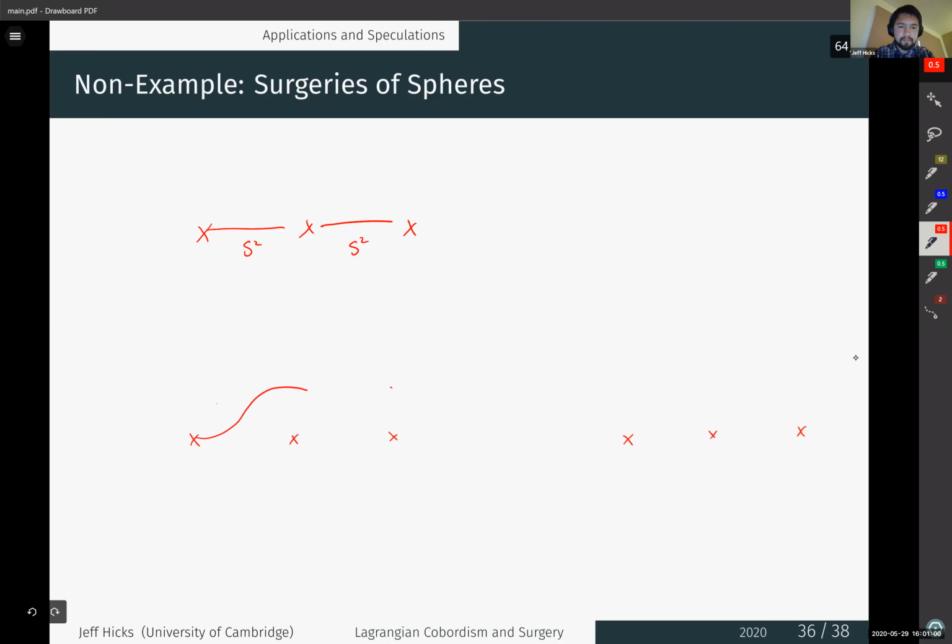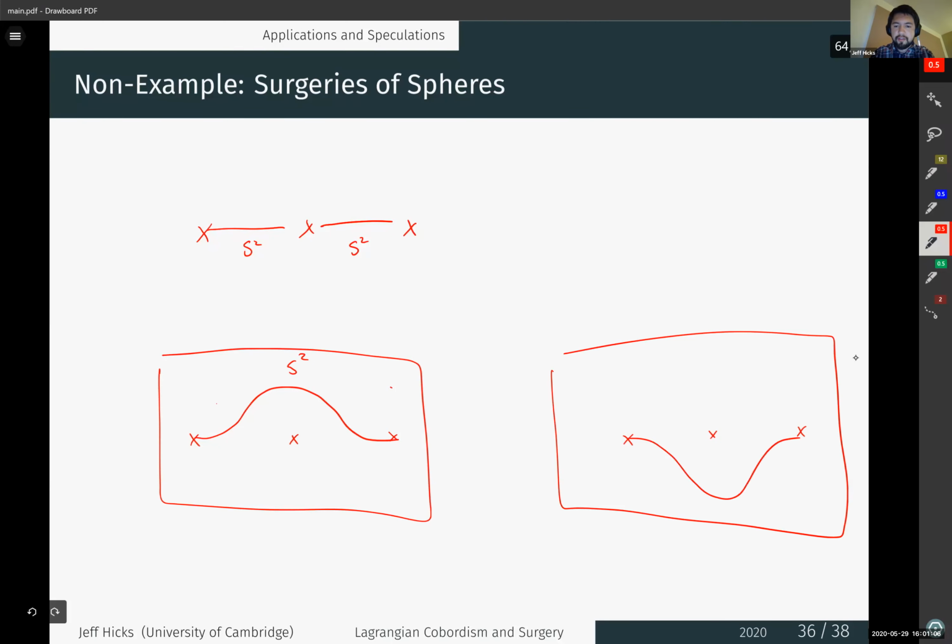So this Lagrangian S2 over here and this Lagrangian S2 over here are Lagrangian cobordant, but they're not equivalent in the Fukaya category, no matter what local systems you equip them with.